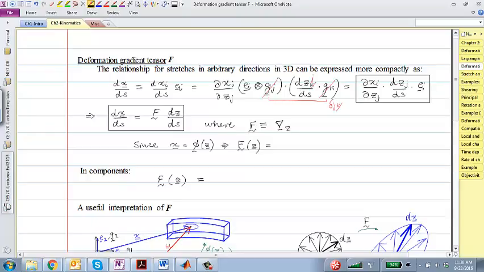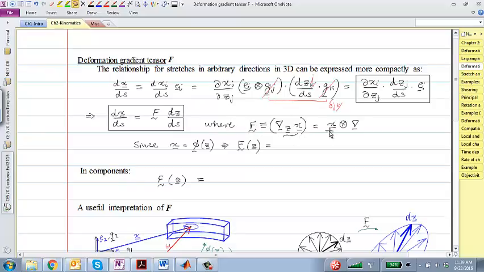Now, a lot of people define F in different ways, so I'll write some of those definitions here. One definition is the gradient with respect to z of the deformed locations. And since that's a tensor, I'll have this tilde under it as well. Alternatively, you might write it as something that I already wrote on the previous page, x dyad with grad. So this F is a gradient of a vector field.